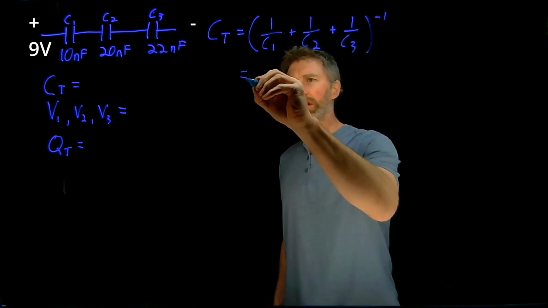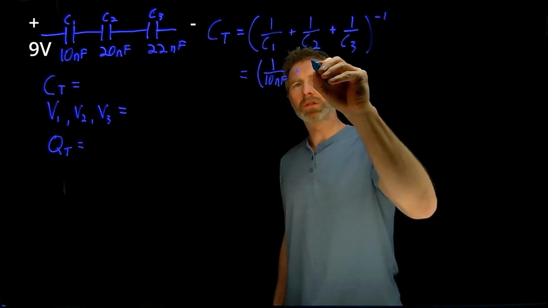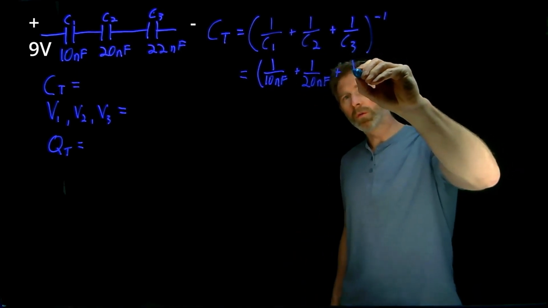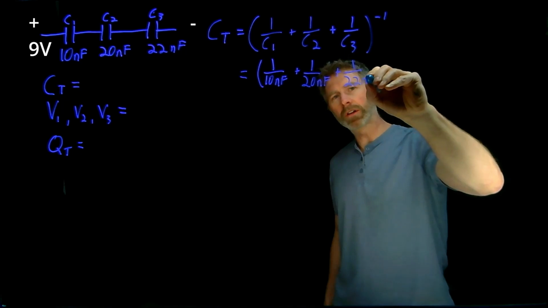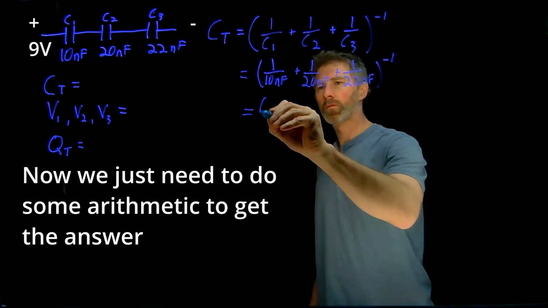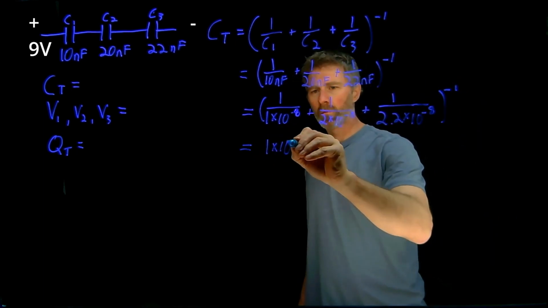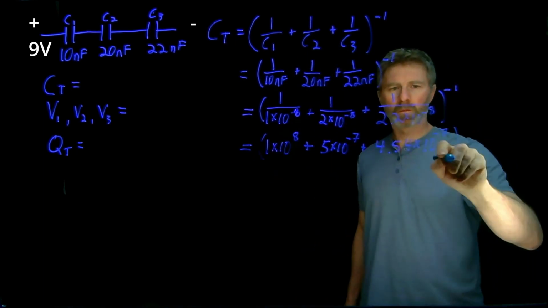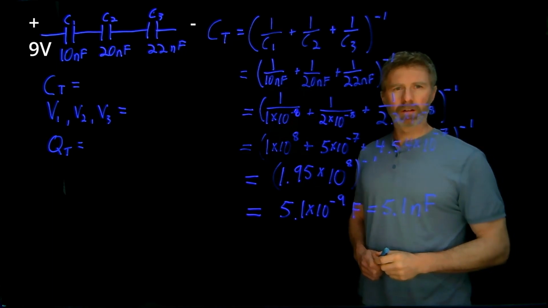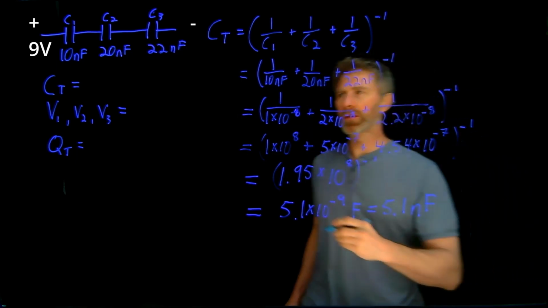So then this will be 1 over 10 nanofarads plus 1 over 20 nanofarads plus 1 over 22 nanofarads, all taken to the power of negative 1. So after all of that arithmetic, we find that the total equivalent capacitance is 5.1 nanofarads.